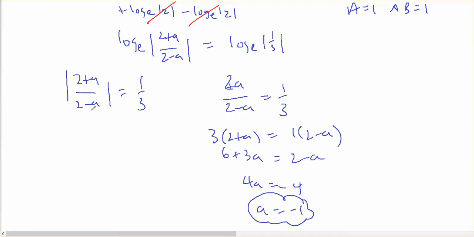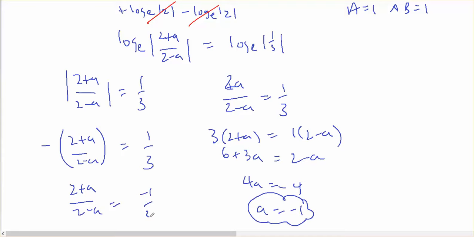But if this is negative, then I need to multiply all of that by negative 1 to make it positive, which means I've got 2 plus a over 2 minus a equals negative 1 on 3.